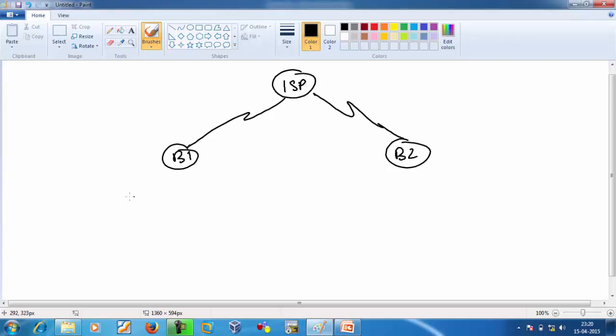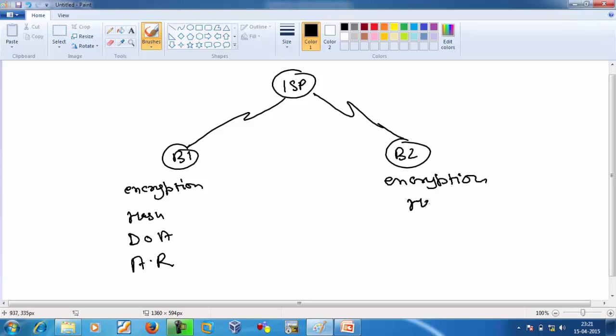Now for confidentiality, here we will define encryption, we will define hash, we will define data origin authentication, and we will define anti-replay. Same, we will define encryption, hash algorithms, data origin authentication, and anti-replay. We have a variety of algorithms here, for example DES, triple DES, and AES.